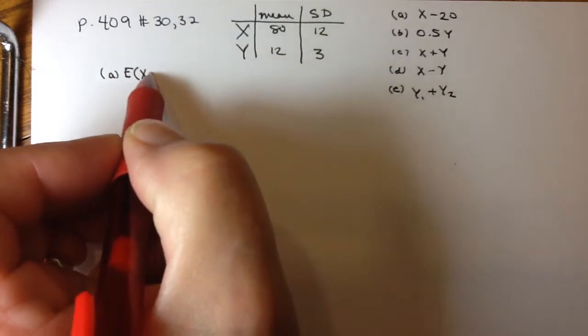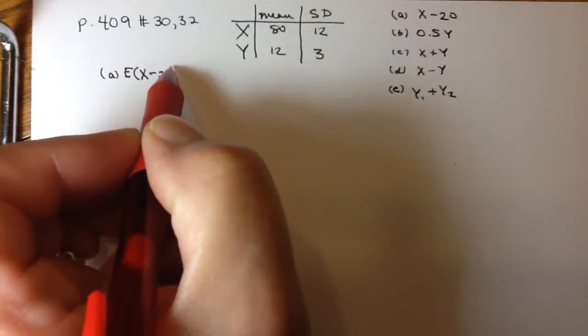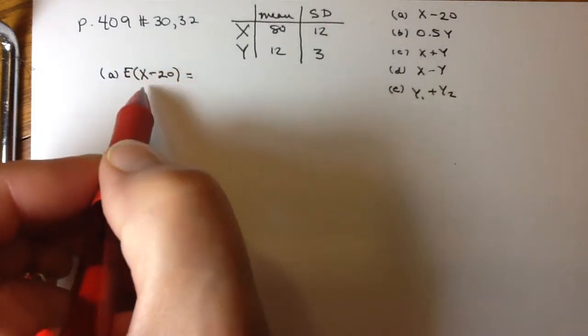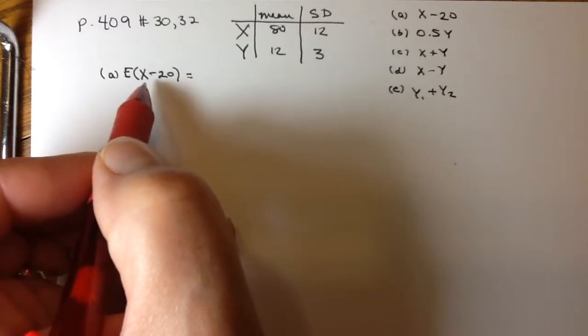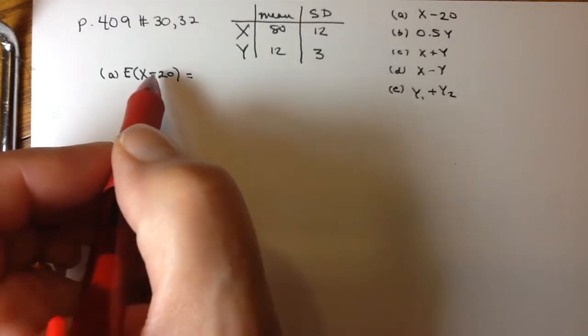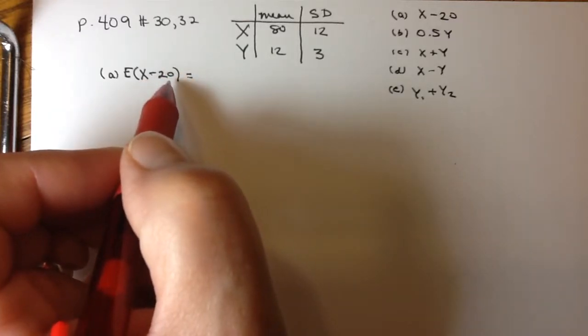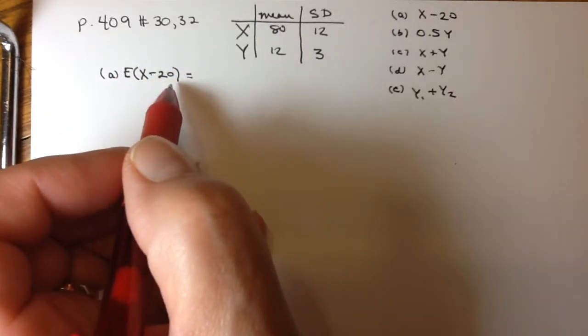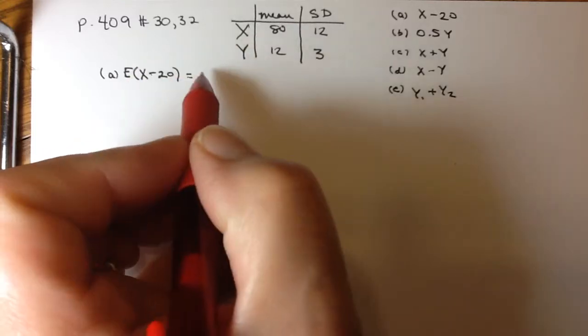We want the expected value of random variable x minus 20. And we want to think about this as you have some variable x that has some possible values, but we don't know those possible values. We just know that we're decreasing each value by 20. It's like taking those hot dogs and making each of them 20 ounces less.